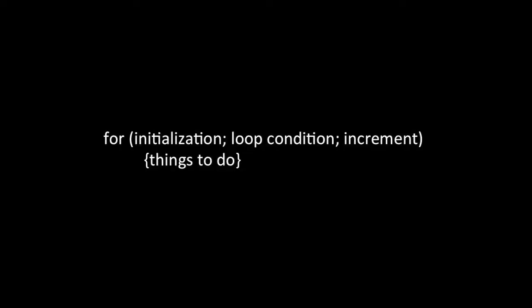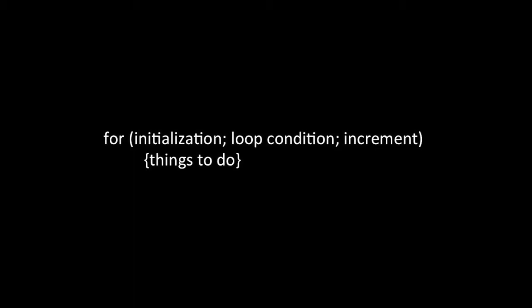In general, the form of a for loop is as follows. There's the keyword for, followed by 3 arguments. There's an initialization, which sets the first or initial value of a variable that we're going to be using to check whether to continue doing the loop.